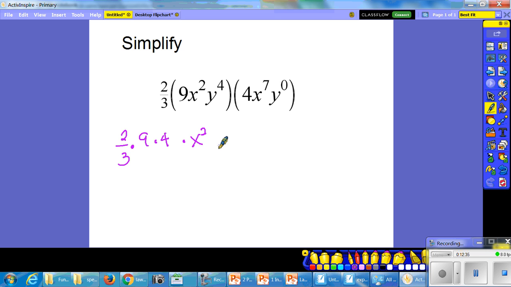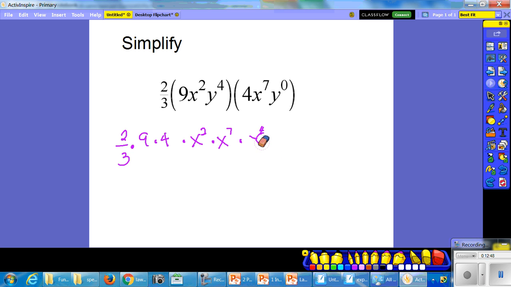x squared and then the x to the power of 7, and then y to the power of 4 times y raised to 0.